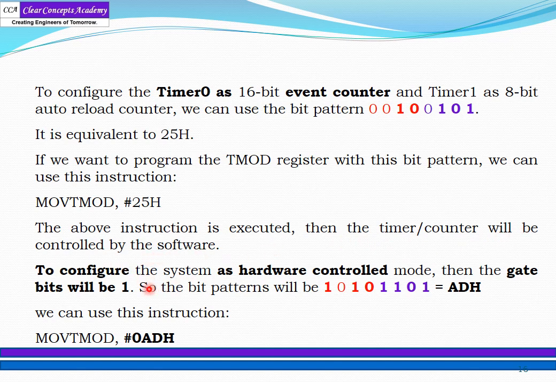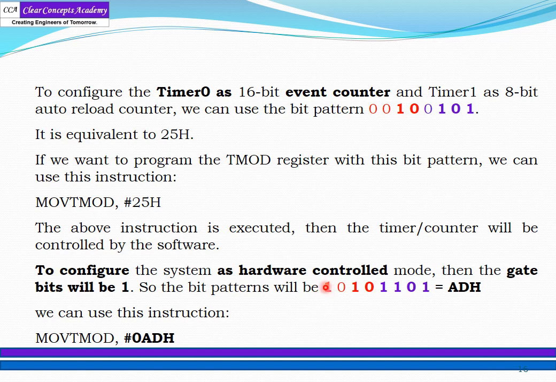To configure the system in hardware control mode, the gate bit will be 1. If you set the gate bit to 1, it will depend on the external source. Earlier, what we had done did not depend on the external interrupt. Now we want these timers to depend on the external interrupts.